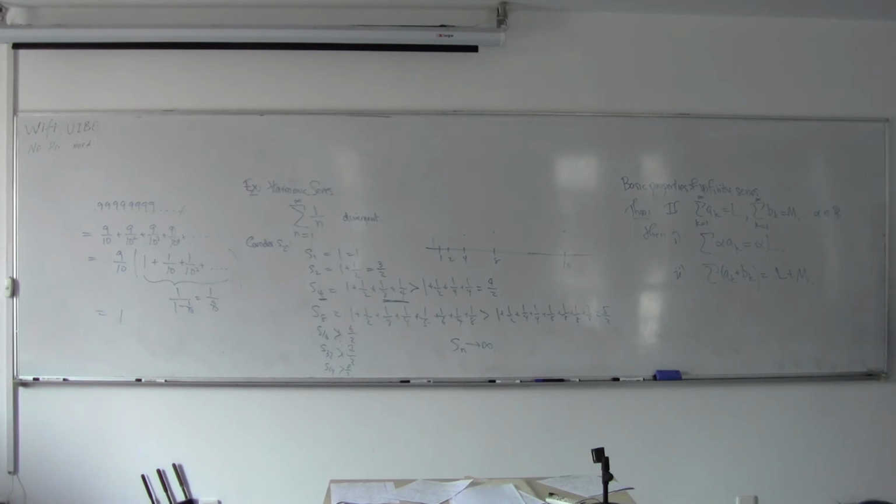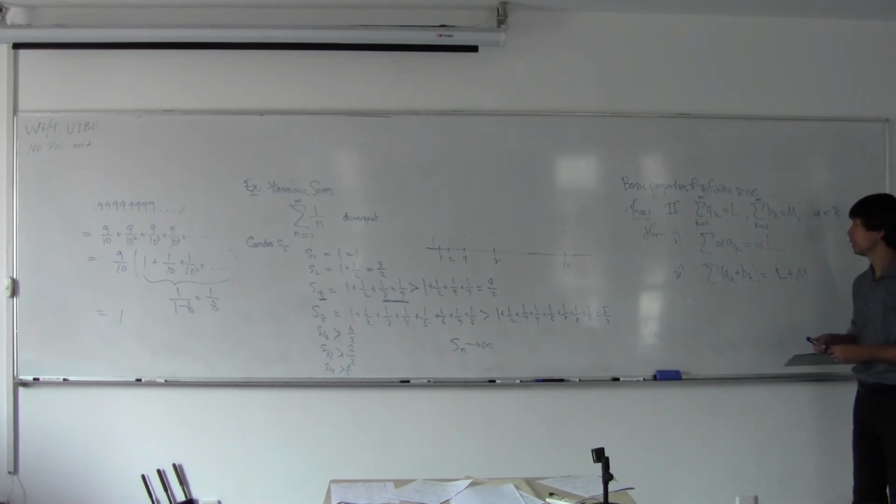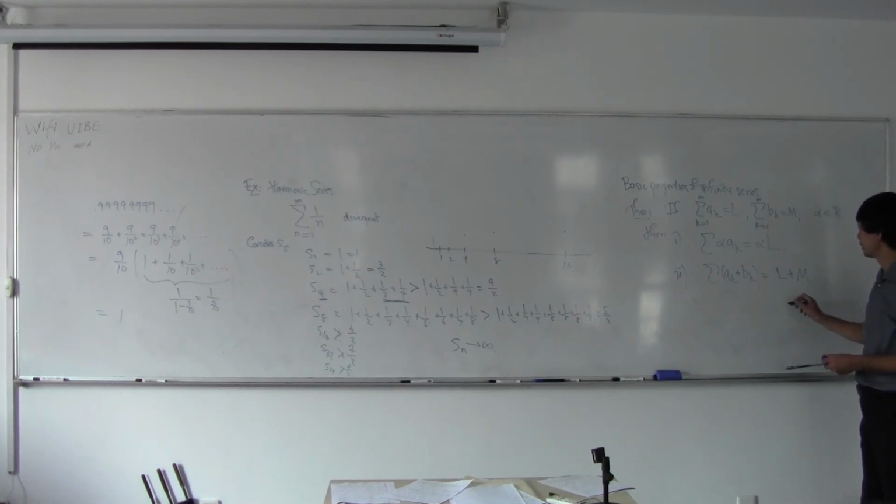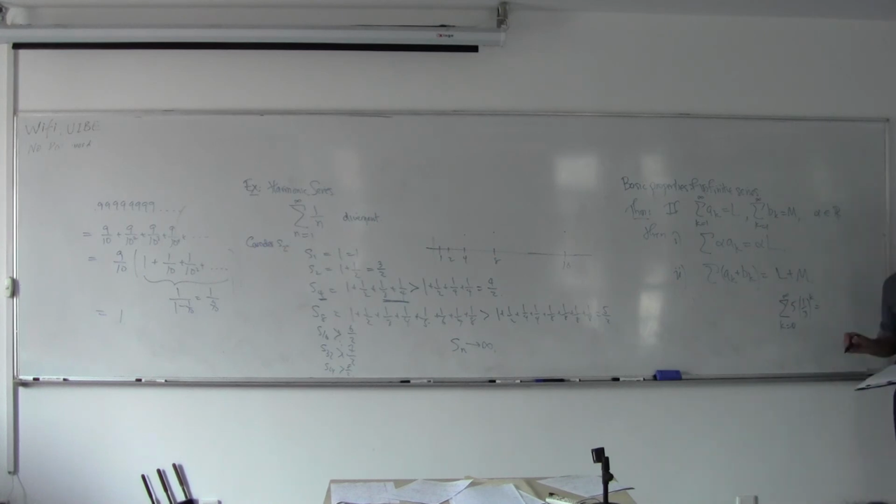Okay, so it's just a useful fact, right? If I were looking at the sum of 5 times 1/3 to the k, as k goes from 0 to infinity, then I don't have to worry about it. I can pull the 5 out, and I get the sum of 1/3 to the k from k equals 1 to infinity.